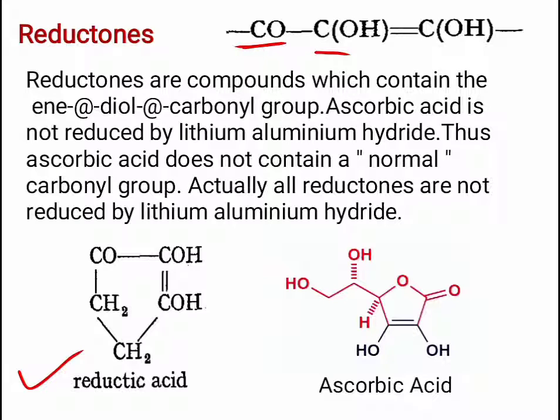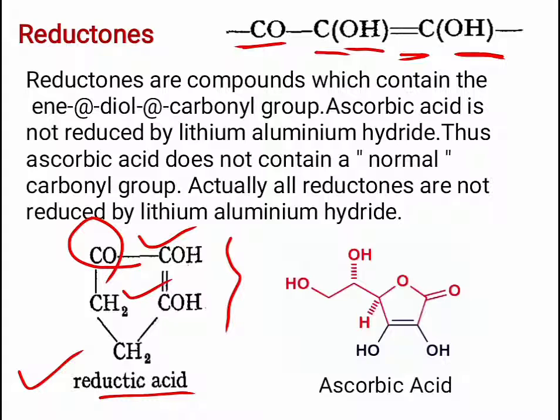The alpha carbon contains a hydroxyl group and a double bond with the beta carbon, which also contains a hydroxyl group. In the case of reductic acid, this is the carbonyl group. This one is the alpha carbon, which is doubly bonded with the beta carbon, and both alpha and beta carbons contain a hydroxyl group. This is all about reductone.